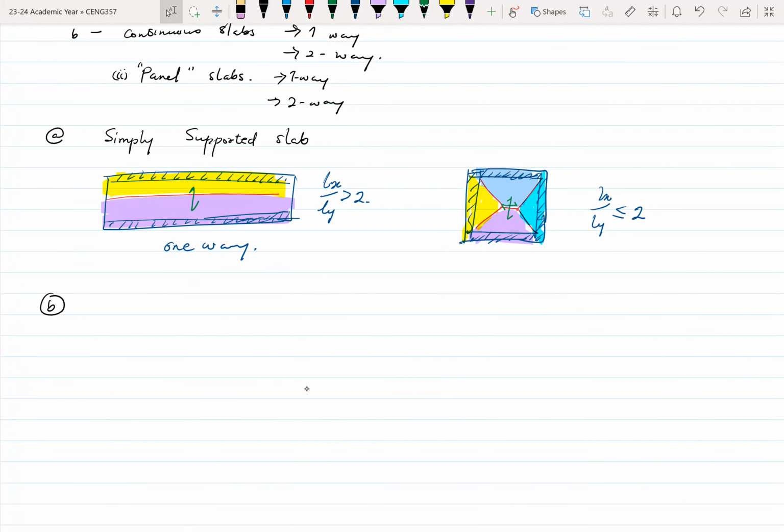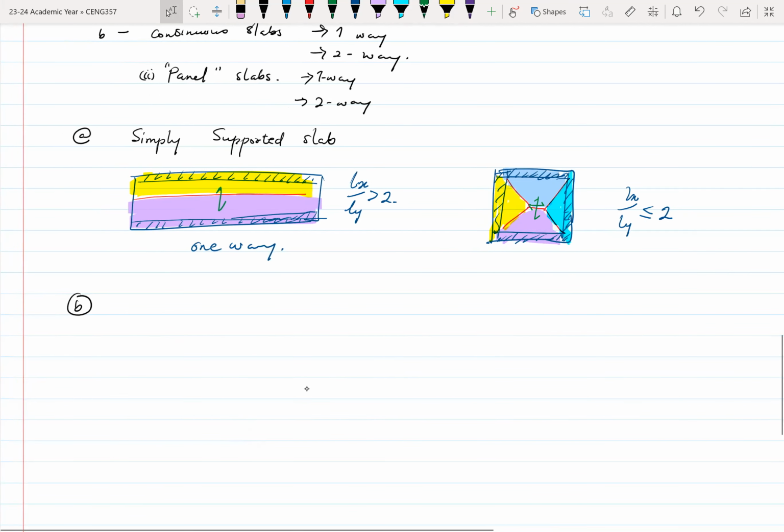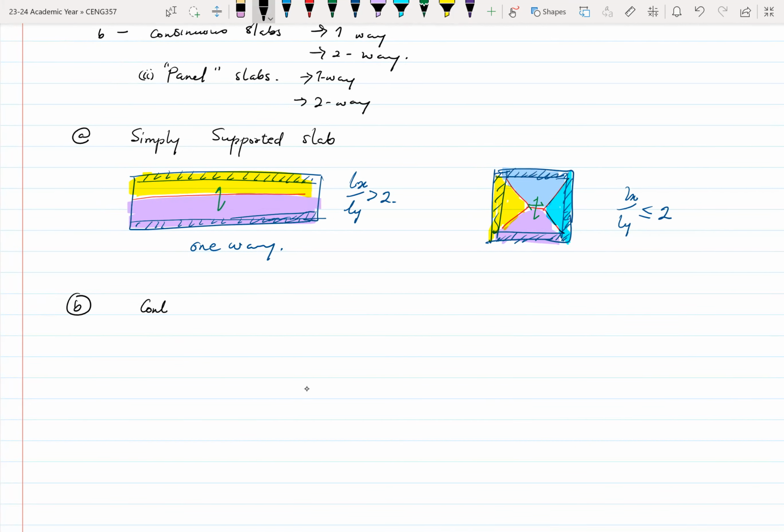Okay, so normally what it means is that you have slabs and beams forming a continuous system. So you could have, let's say, a continuous slab. So I could have this slab, all right. Let me extend this line a little bit.